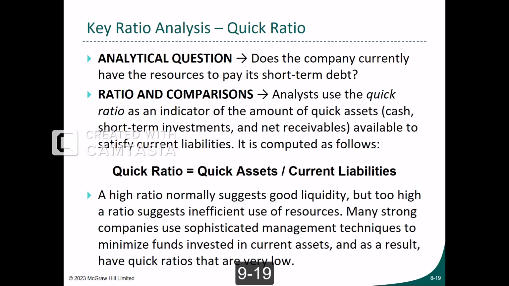Which means, if you used your cash and the receivable only without using your inventory, would you be able to pay 100% of your current liability? So this is another indicator of liquidity for the company, which is very common, especially by banks. Any questions so far?